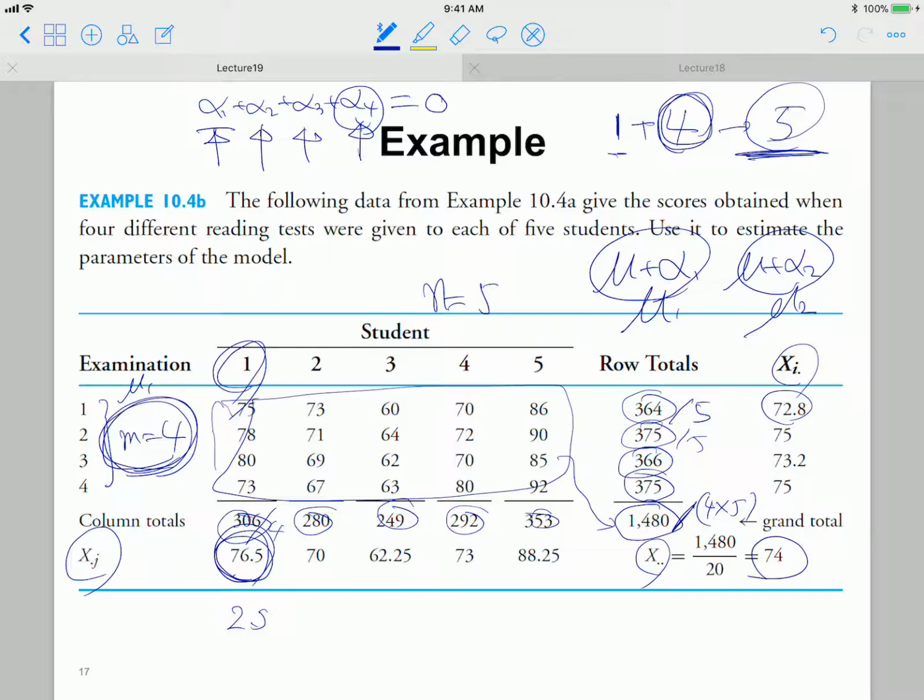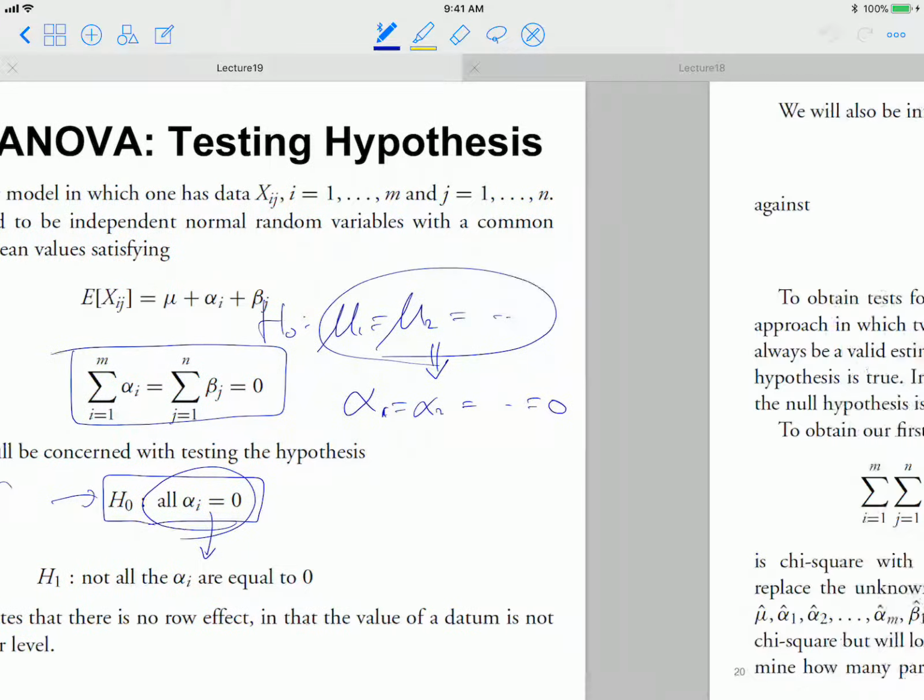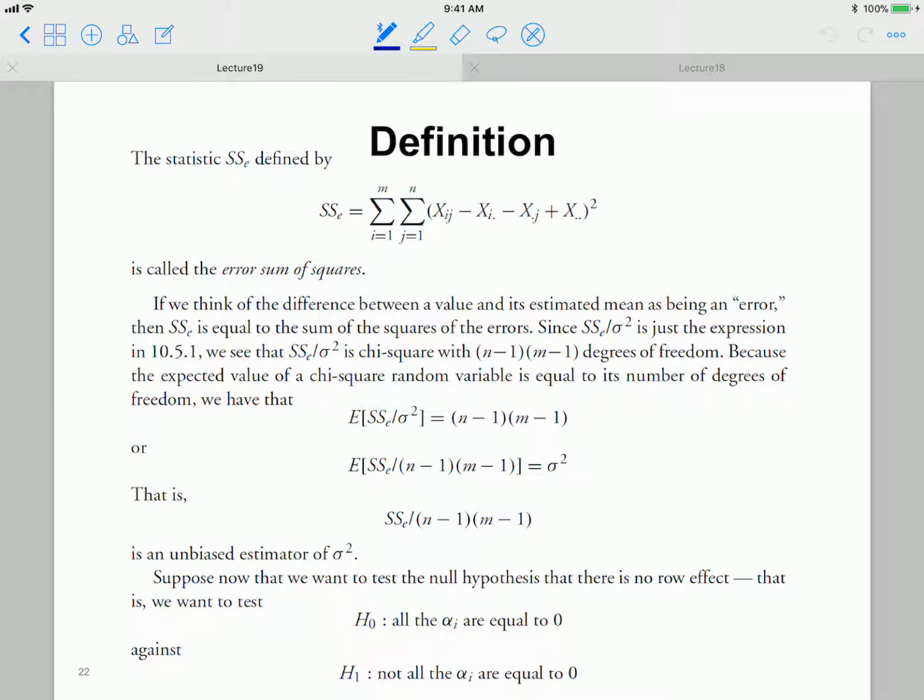So we can think of the number of parameters we have to estimate as the same as the number of degrees of freedom that we have to decrease from our chi-square distribution. That is an important insight to keep in mind.